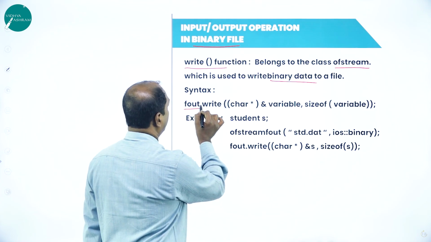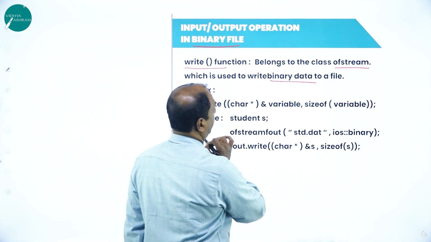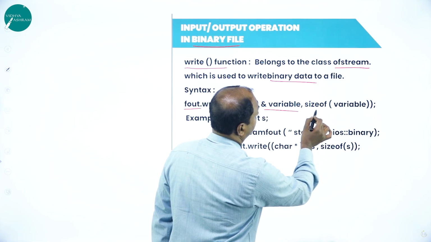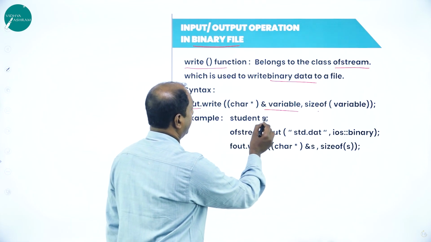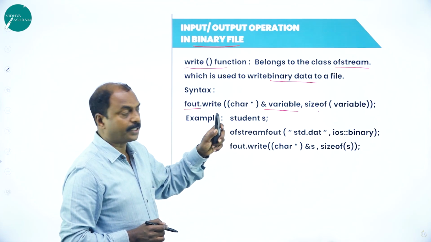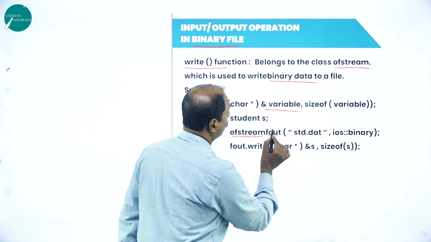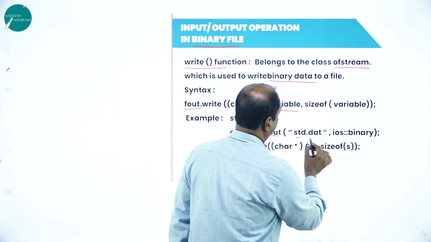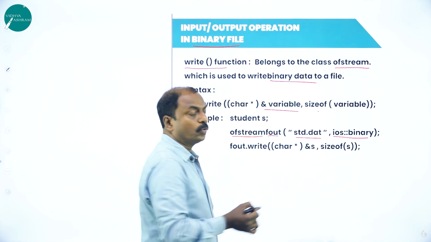fout.write, where fout is an object, dot write, taking a character pointer variable and the size of the variable. For example, student s, where student is the name of a class and s is an object. So ofstream is a class, fout is an object, std.dat, ios::binary.